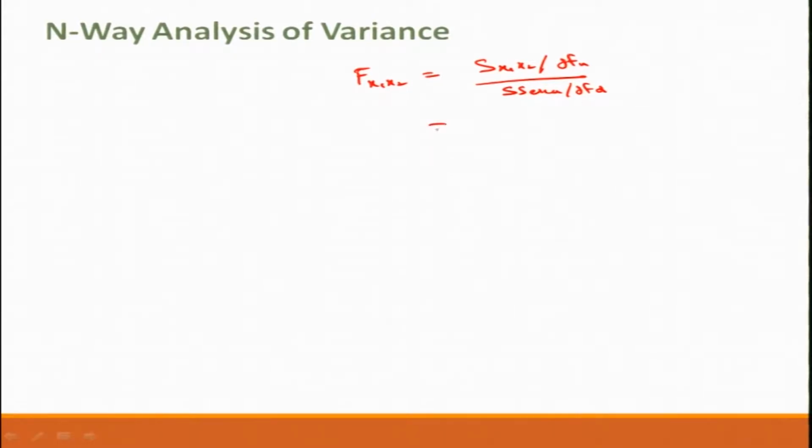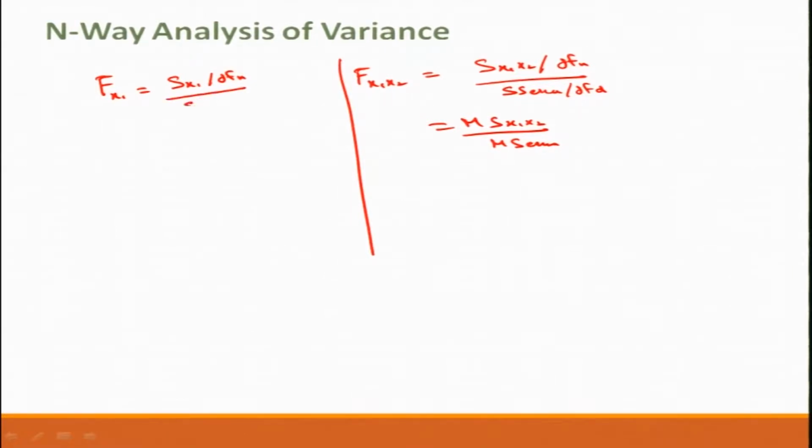So this is MS x1x2 by MS error. This was for the interaction effect. For the main effect, let me say for x1, this would again be SS x1 by the degrees of freedom for x1, over SS error by the degrees of freedom for the denominator.